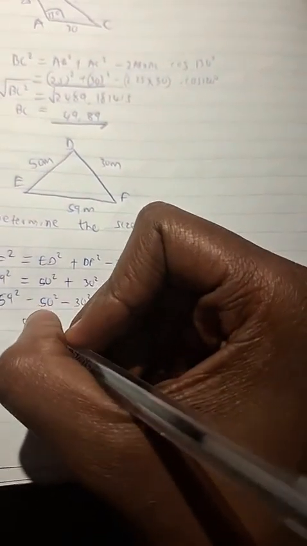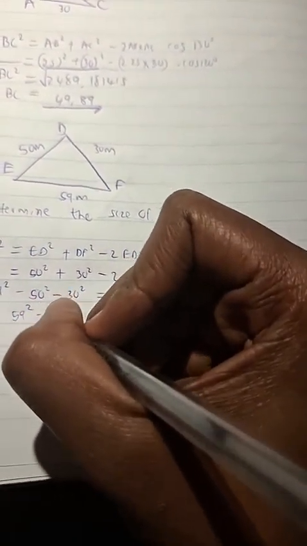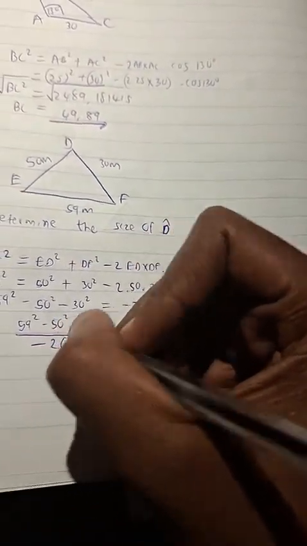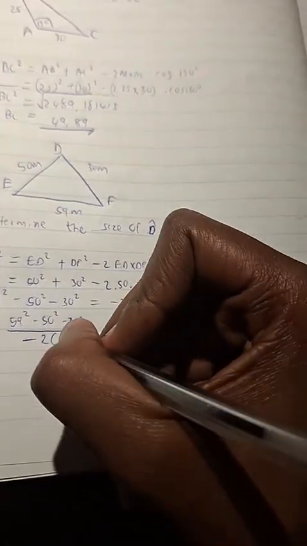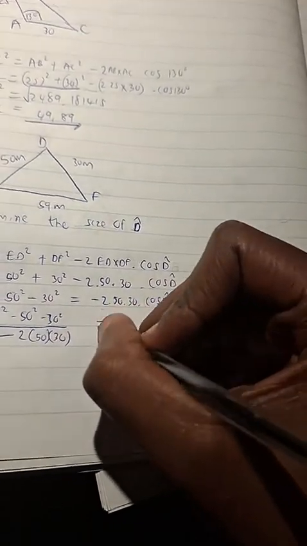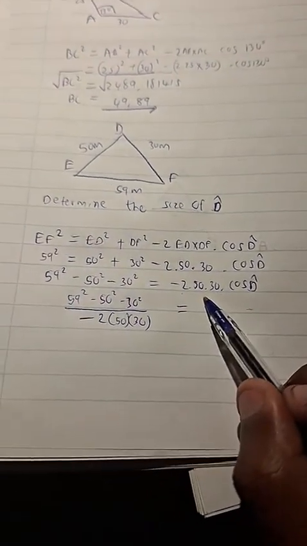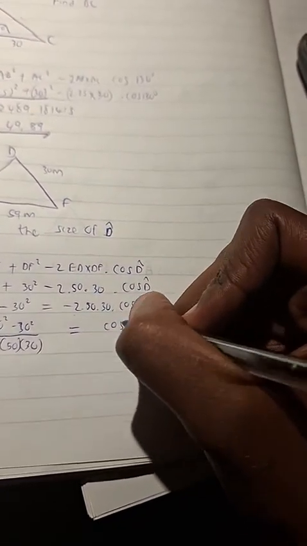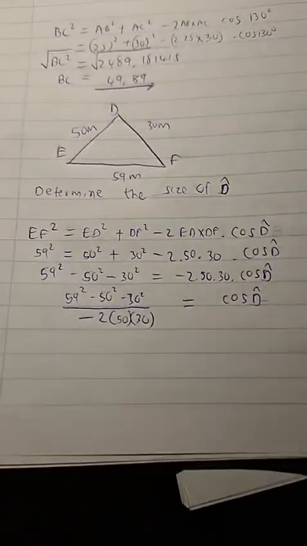So I'm going to have 59 squared minus 50 squared minus 30 squared over negative 2 times 50 times 30 is equal to cos of angle D.